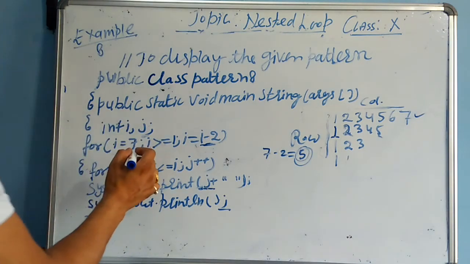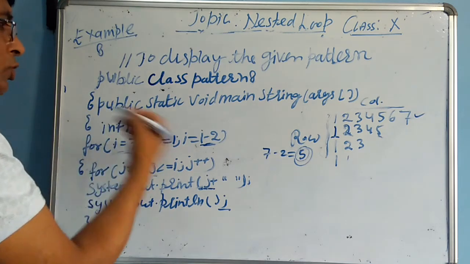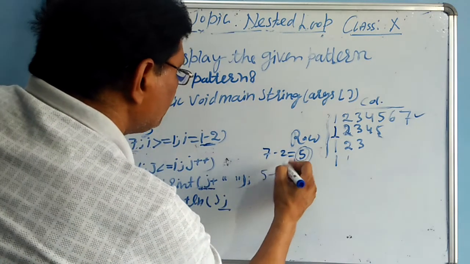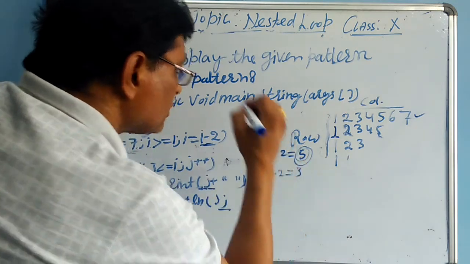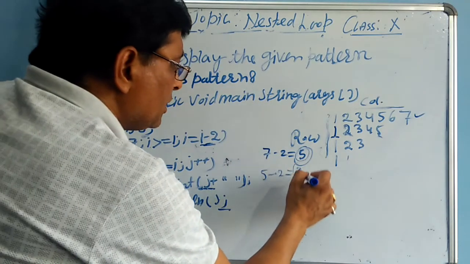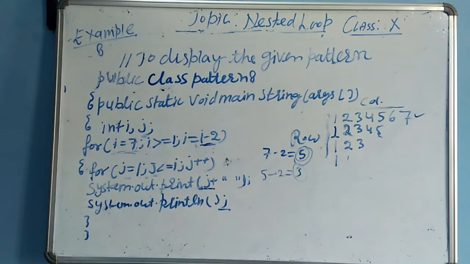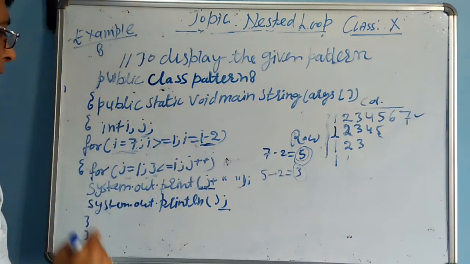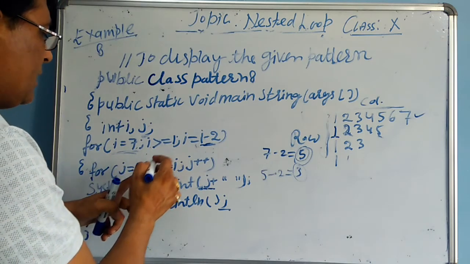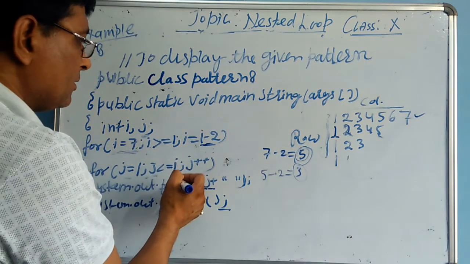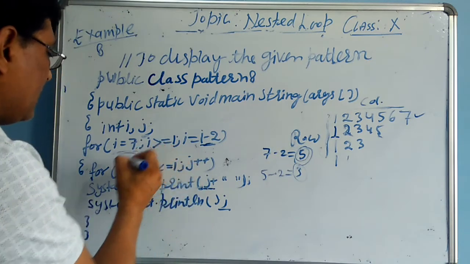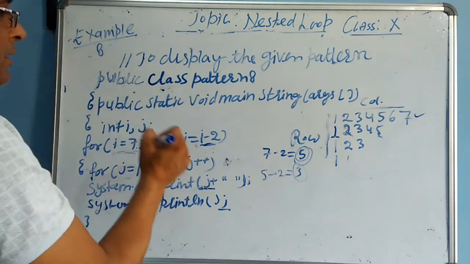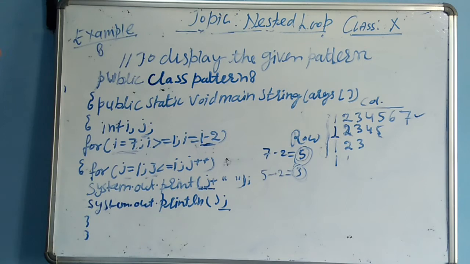And then again it will come to the outer loop. Now the outer loop value: 5 minus 2 is 3, so the iteration will be 3 times. Now it will check that i is 3, j is 1 and j is less than or equal to i, so the inner loop condition is satisfied within the outer loop.